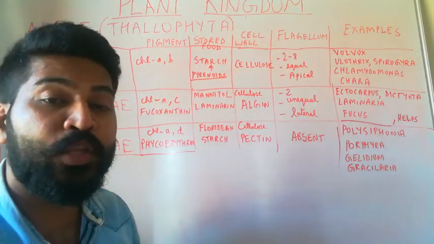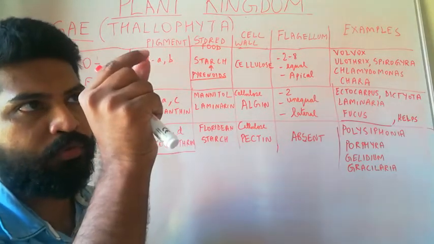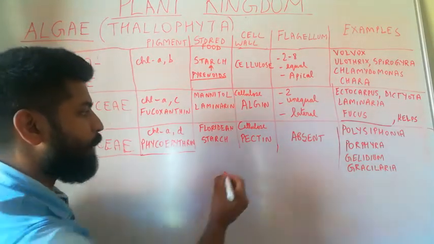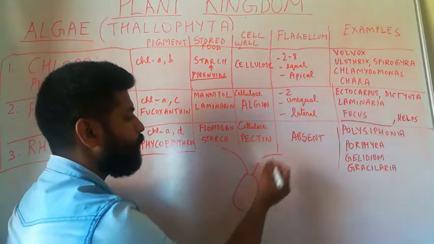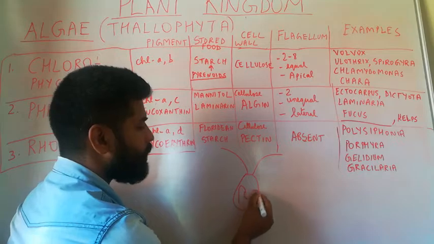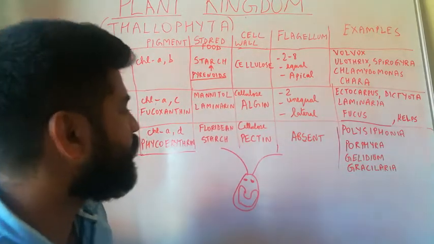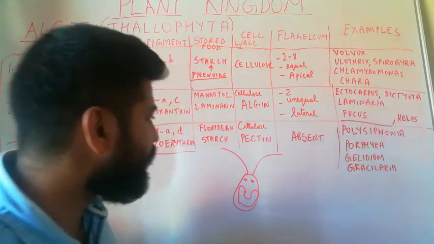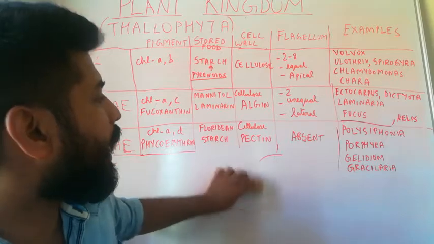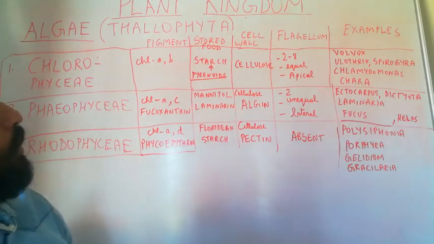Chlamydomonas is once again a unicellular algae, in the form of a single cell, with two flagellum present and a cup-shaped chloroplast with an eye-shaped structure. So this is your Chlamydomonas, which is a single-celled green algae. And we have the Chara, which is a flat-bodied algae.